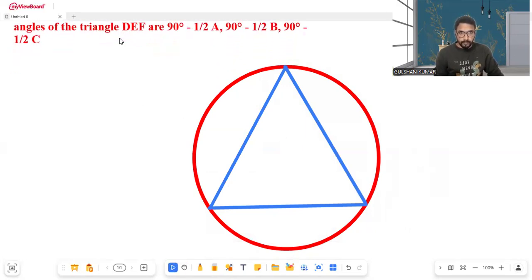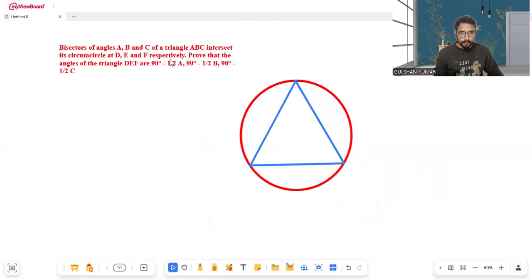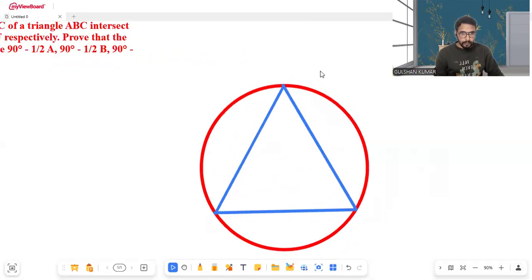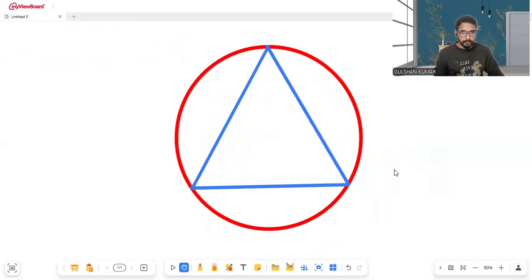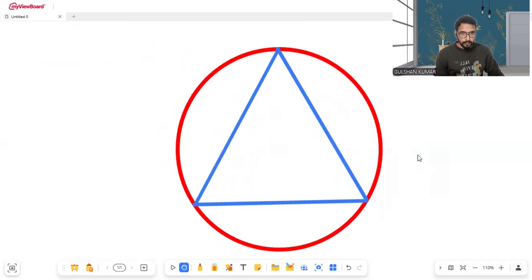We can zoom out and zoom in. Okay, so we have a triangle here.